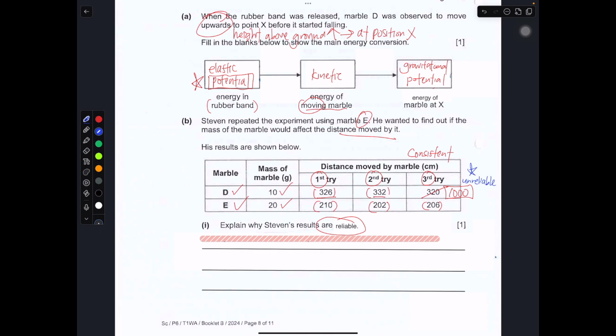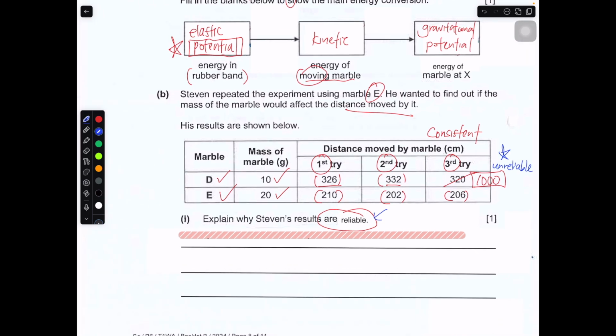So in order to do this question, you need to know what is a reliable result and what is an unreliable result. So how do you craft your answer? You can talk about this: the experiment for each marble was repeated 3 times. This is the first point. And the results are consistent. This is the second mark.